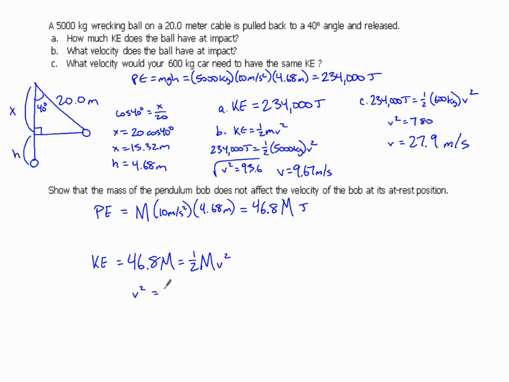And the velocity squared is 46.8 times 2. So here's what happened. Masses cancel out because they're on either side. And so we get 93.6. The square root of that tells us the velocity is 9.67 meters per second. So the mass was constant. We didn't need it here necessarily because it canceled out in the kinetic energy.